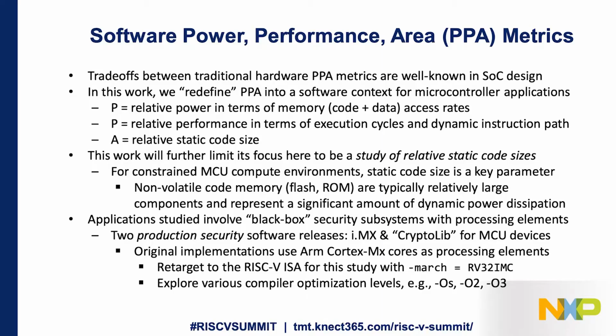The original implementation for these security subsystems was based on ARM Cortex-M cores. What we are doing here is retargeting to the RISC-V ISA, specifically the RV32 IMC configuration, and then looking at the relative code size across different compiler optimization levels, comparing between ARM Cortex and RISC-V.